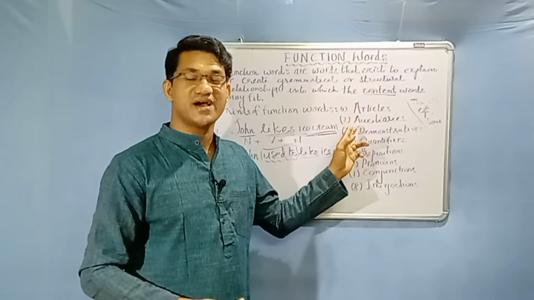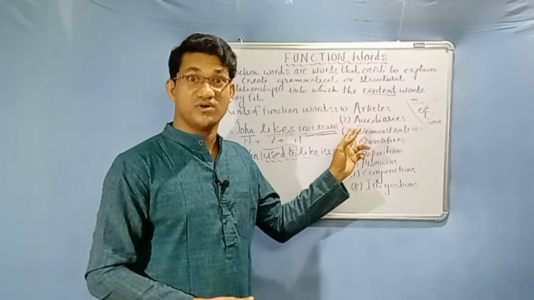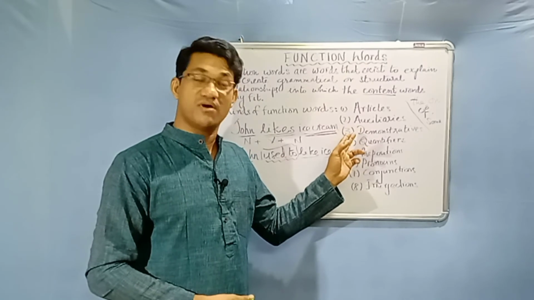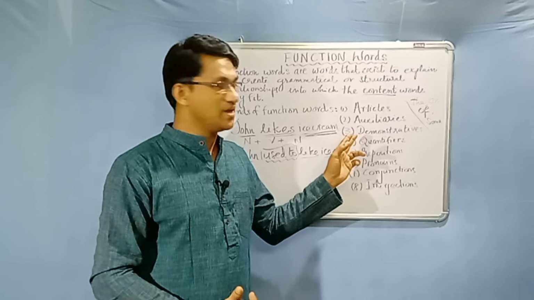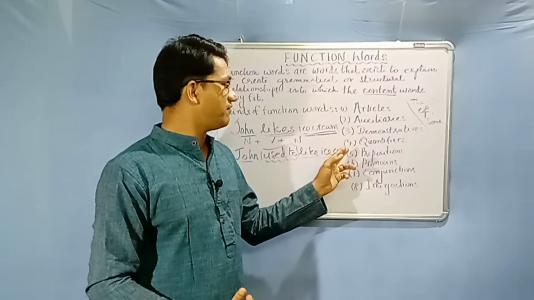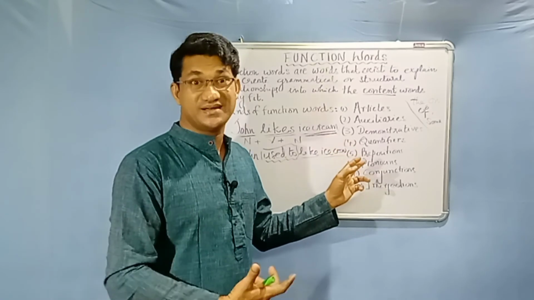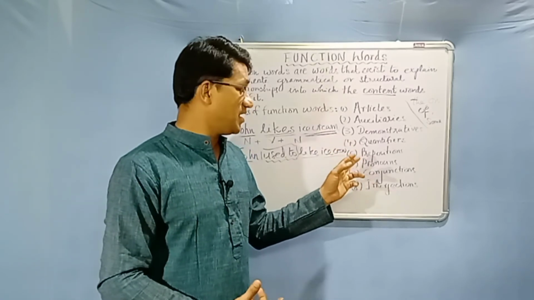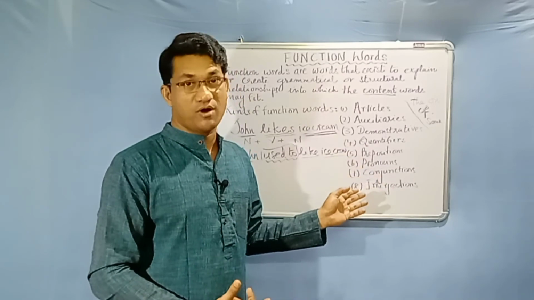The second type is auxiliaries, auxiliary verbs. The third type is demonstratives. The fourth type is quantifiers. And the fifth type is prepositions. We know about prepositions, right?